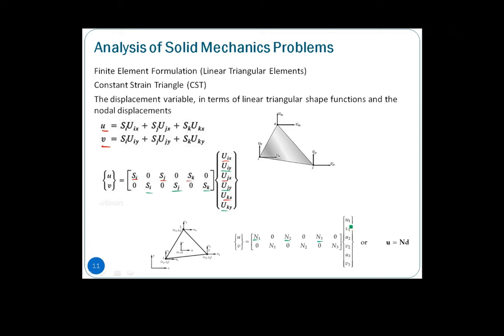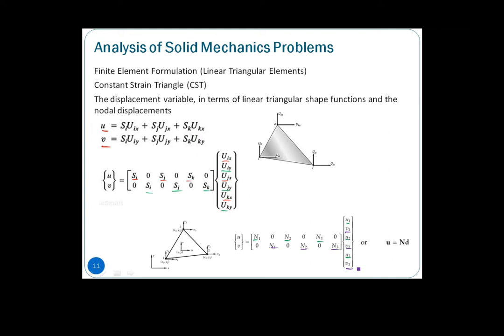So you have N1 U1, N2 U2, N3 U3, and likewise N1 V1, N2 V2, N3 V3, with V representing the displacement in the y direction and U in the x direction. That is what we commonly know in terms of the two displacement components U and V and their shape functions.